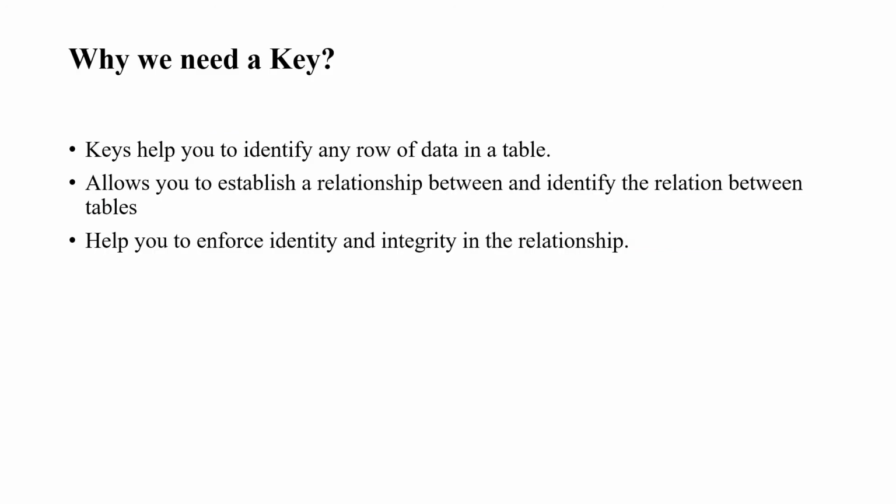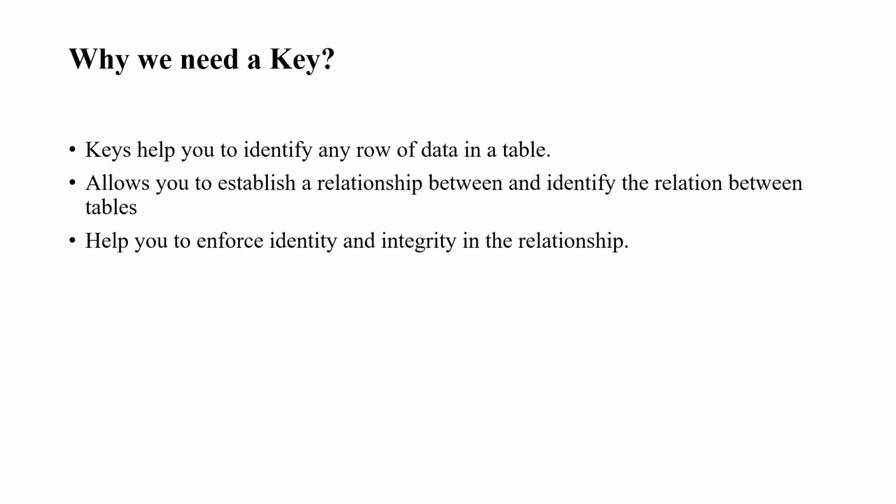Why do we need a key? A key helps to identify any row of data in a table. In a real-world application, a table could contain thousands of records. Moreover, the records could be duplicated. I already showed an example where the names are repeated in different records. Keys ensure that you can uniquely identify a table record despite these challenges.